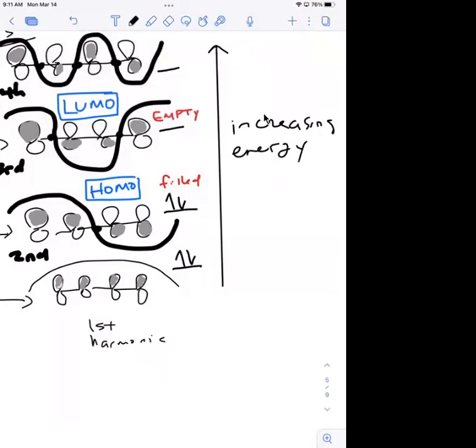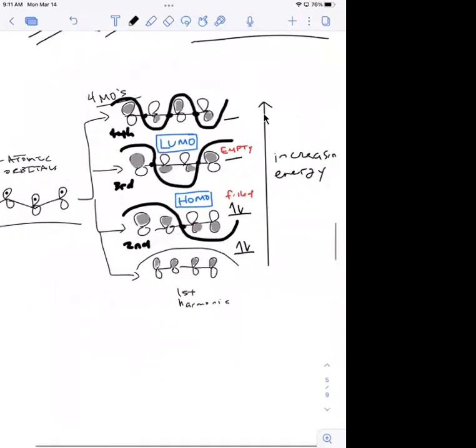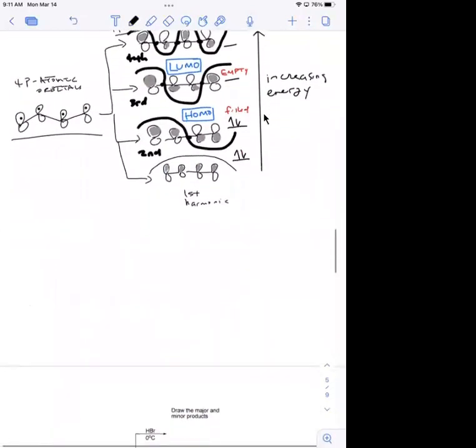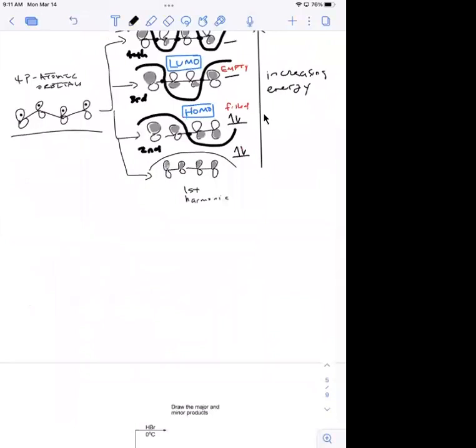And then we also talked about which orbital was the HOMO and which orbital was the LUMO. With that being said about what we know about conjugation, we're going to start talking now about the first reaction.